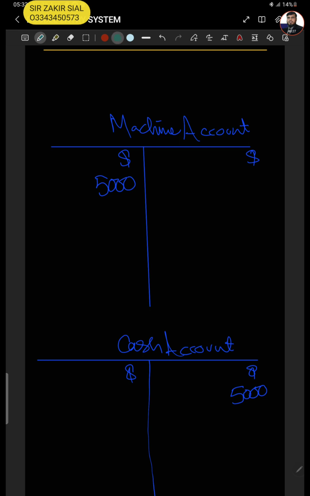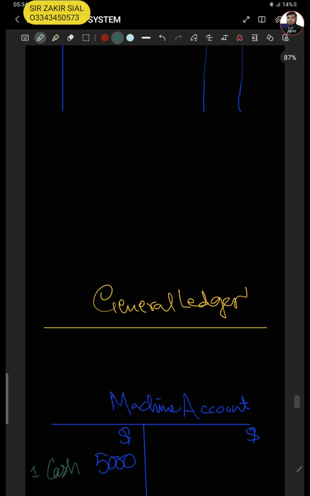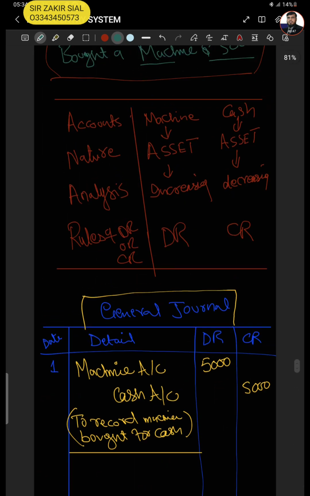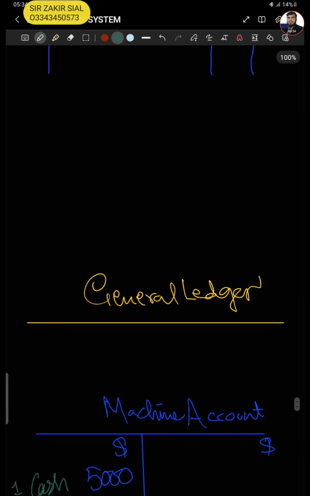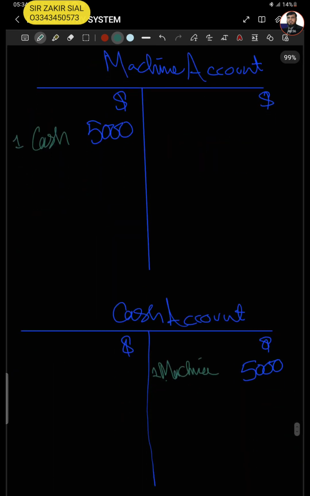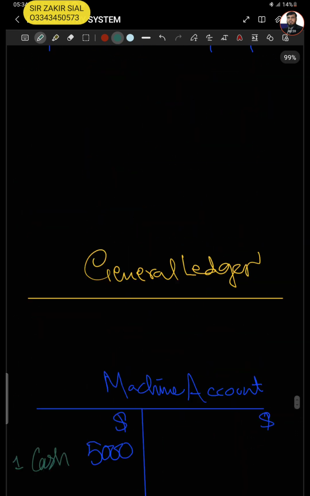In machine account, we write cash account, and in cash account, we give the explanation of machine account. This is the first transaction. I have passed only one transaction in this. For further understanding, we can write another transaction.